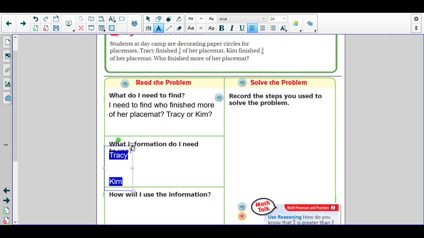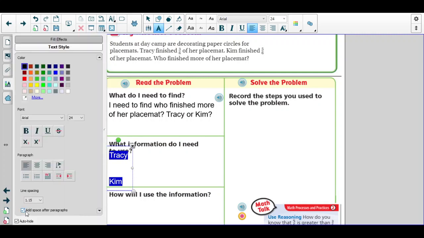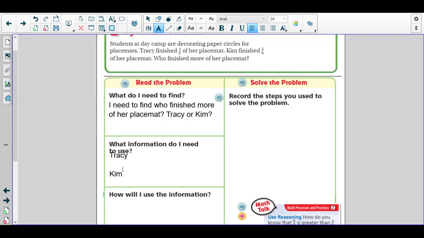And let's do just a tad bit of formatting here. So what did Tracy finish? Tracy finished 3/6. So 3 out of 6.